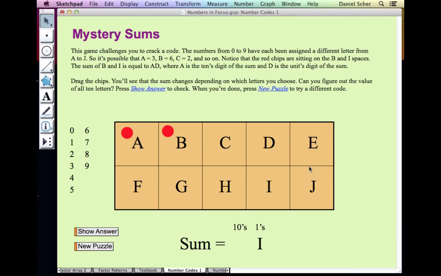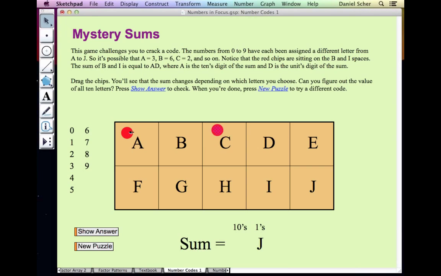We have these two chips, and if I drag them, I can place them into any two boxes I want. And here we're looking at the sum of A plus C, and that sum is equal to J, where J is the ones digit of our sum, and there is no tens digit.